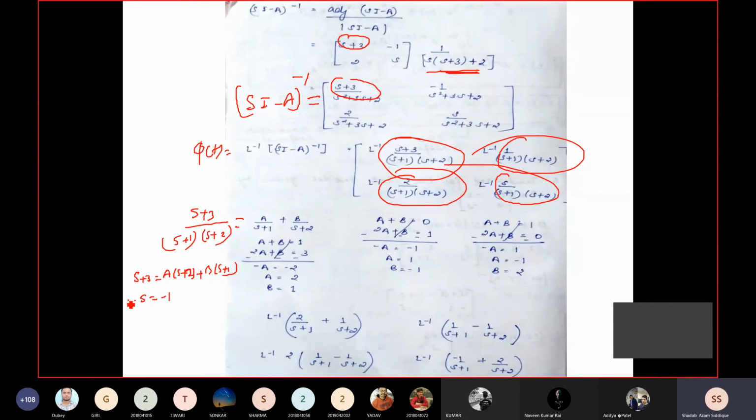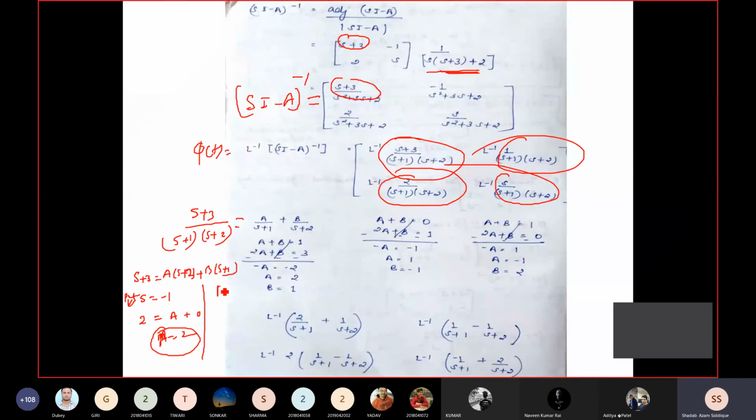If we put s equal to minus 1, the left side is plus 2, so 2 is equal to A plus 0. So A is directly equal to 2. A is equal to 2, which is the answer. This is one type of solution, directly A equal to 2.